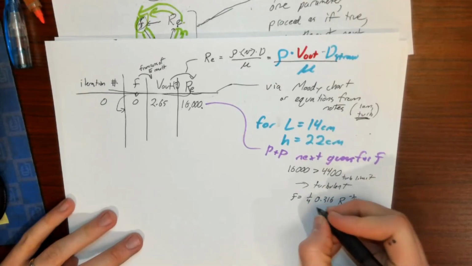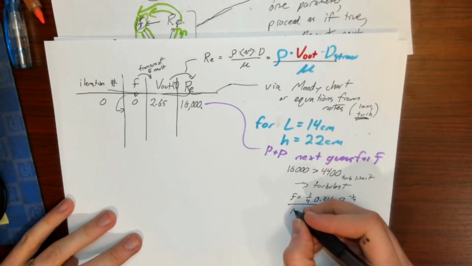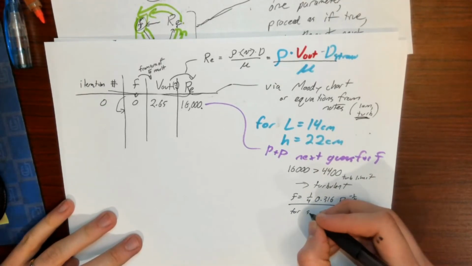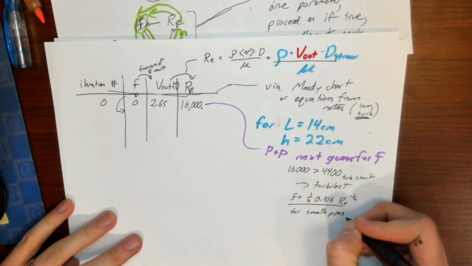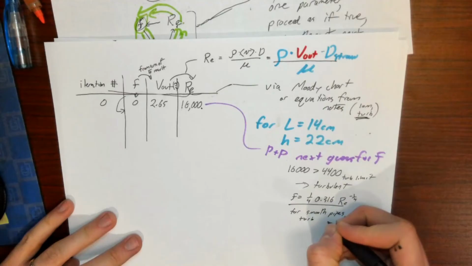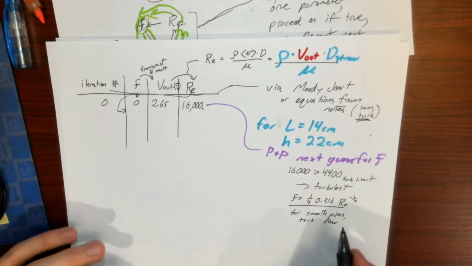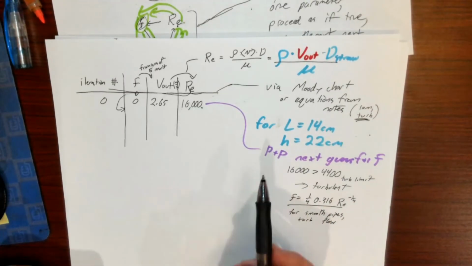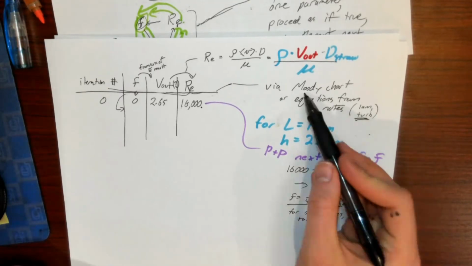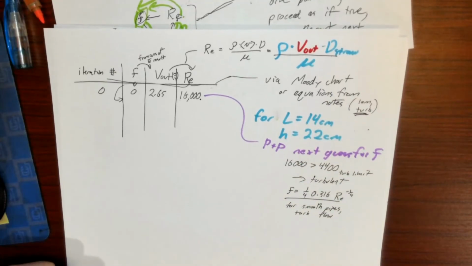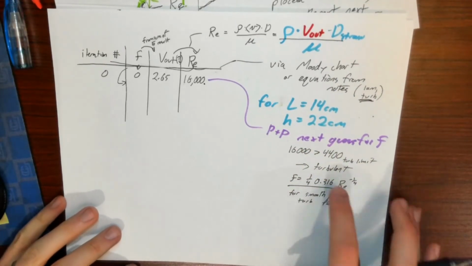This equation is from the notes, and it's for smooth pipes and turbulent flow. If we had gotten a laminar Reynolds number here, then we would need to use a different equation for F. And if we had rough pipes, then we would need to use the Moody chart in the book instead of this equation here.